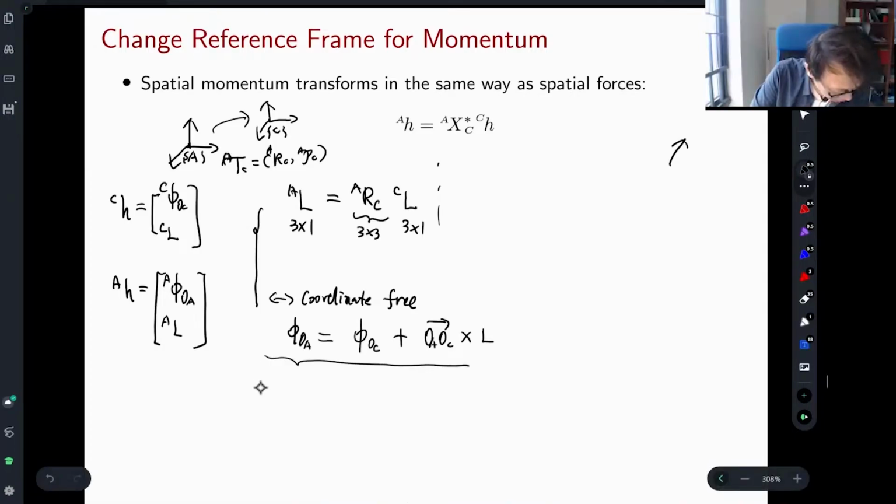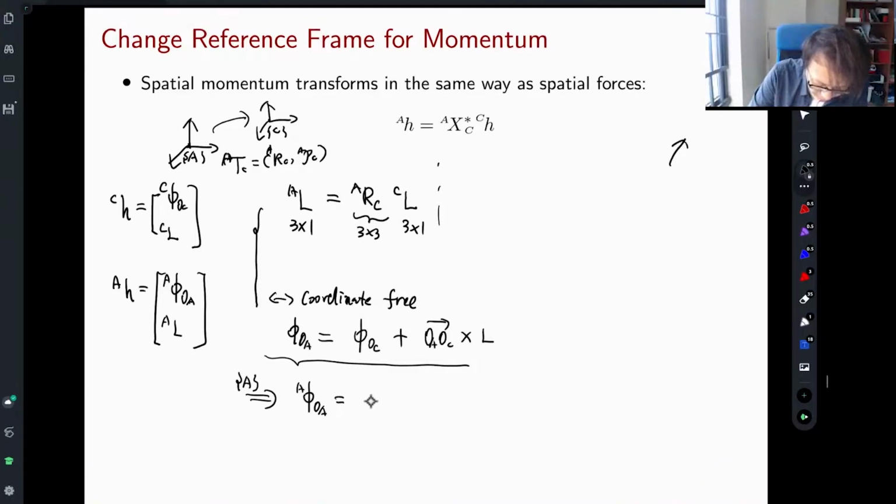Then I can now express this in coordinates using the A frame. So phi of OA in A equals phi of OC.